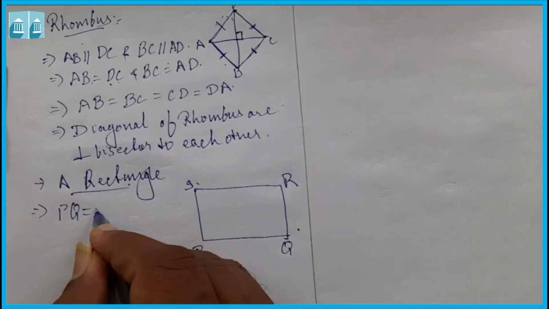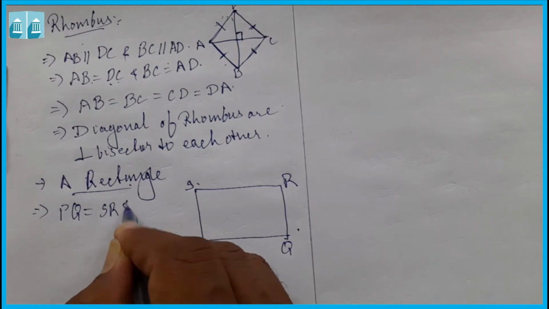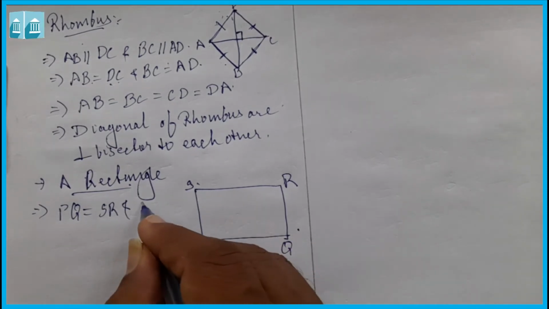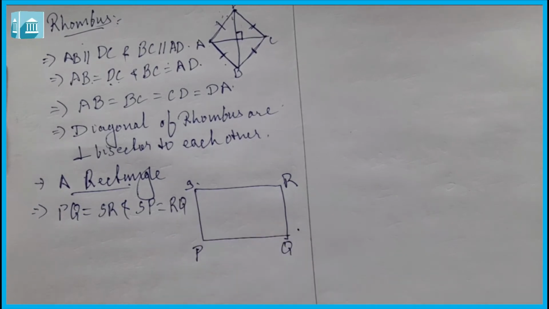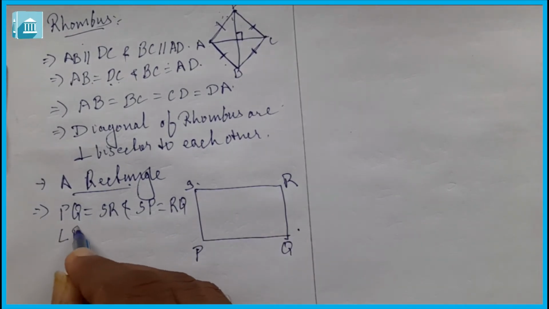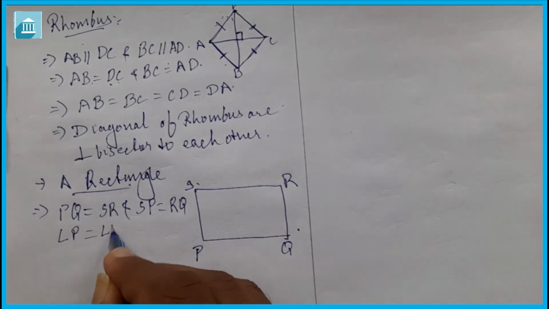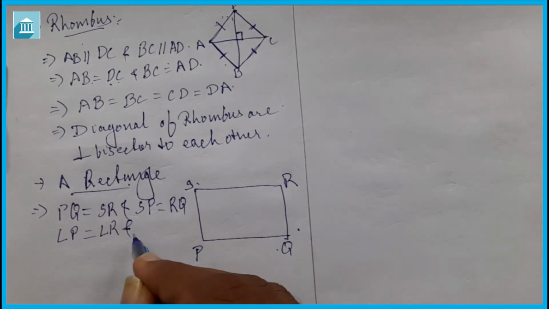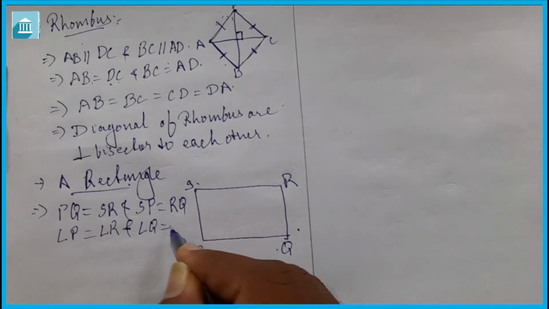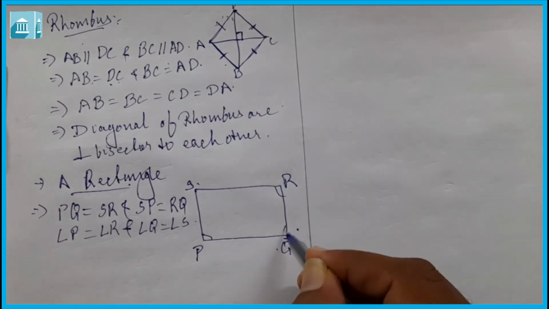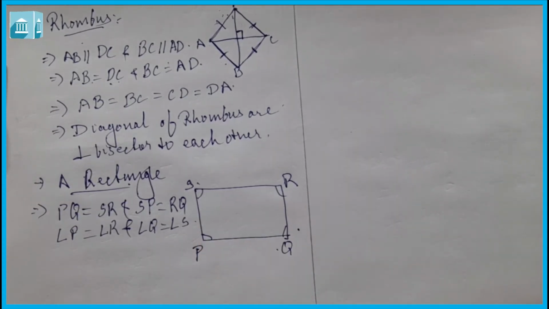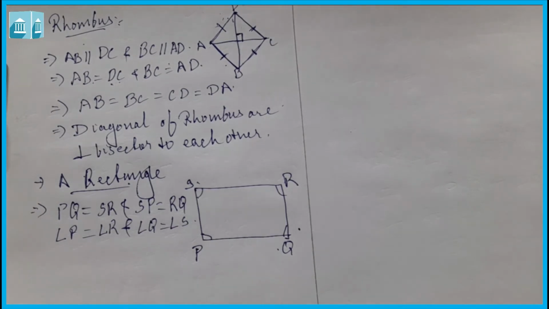PQ is equal to SR and SP is equal to RQ. In the same way, angle P is equal to angle R and angle Q is equal to angle S. It is a parallelogram, so it possesses all its properties.